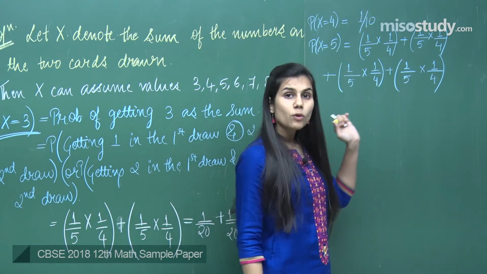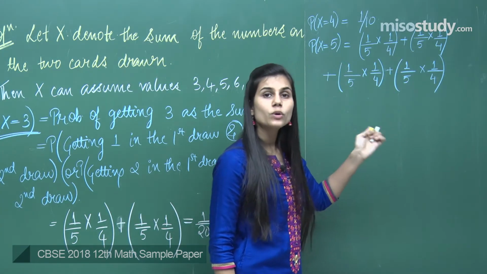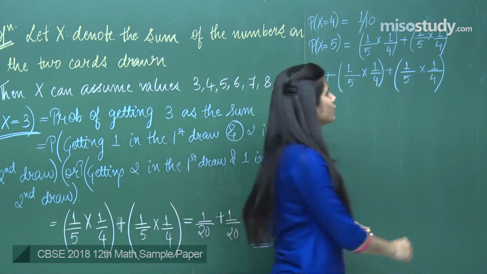So this is going to give me 1 by 10 plus 1 by 10, which is 2 by 10, which is 1 by 5.